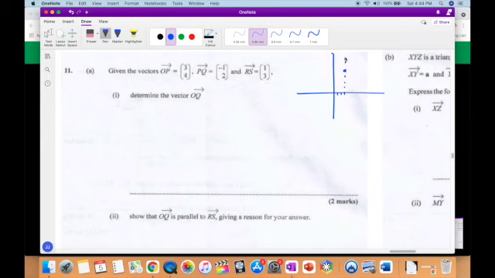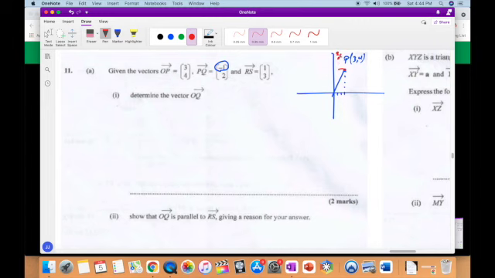So that is P, which is the point 3, 4, and so therefore OP is the vector 3, 4. To move from P to Q, I have to move -1, so that is one space this side, and then 2 spaces up, 1, 2. So I'm gonna be here.